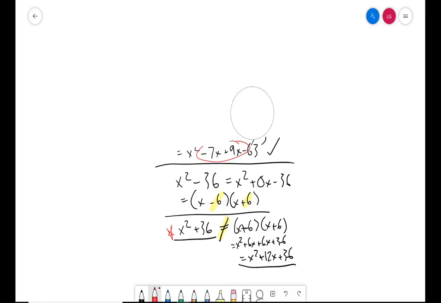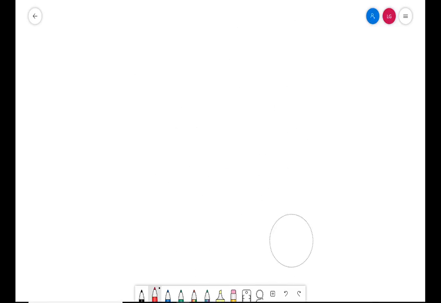So now I want to write a series of factoring questions, just so we can compare for a second. Let's do x squared plus 7x minus 8.